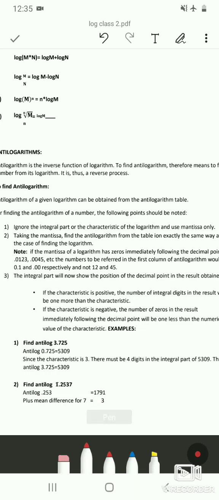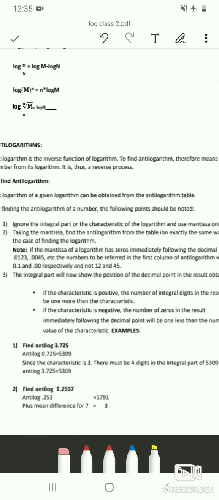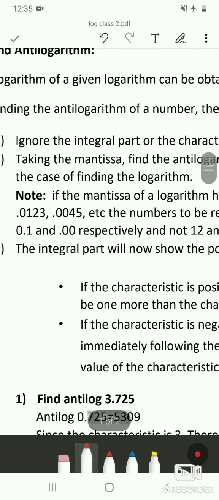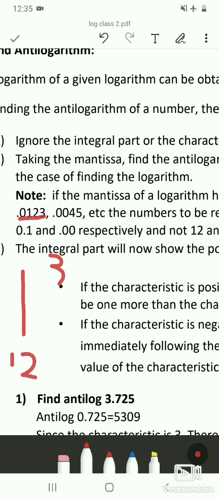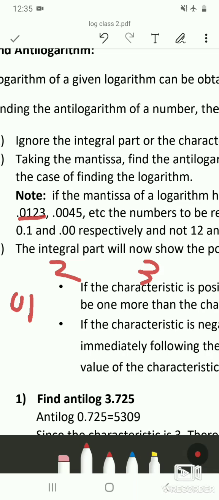In these examples, if you were calculating logarithm, we would have considered in the first column 12 under 3. But here to find the anti-logarithms, you should consider 0, 1 under 2 with the mean difference 3, not 12 under 3.